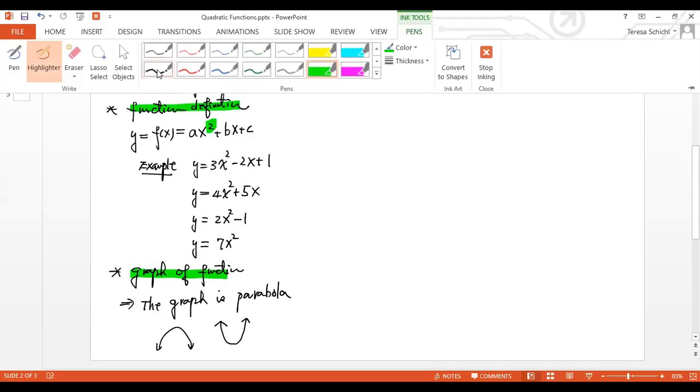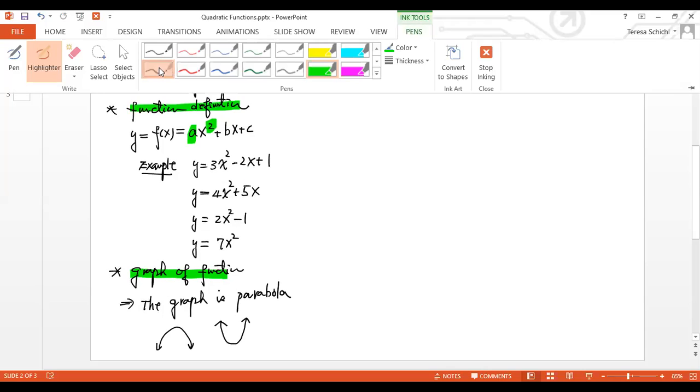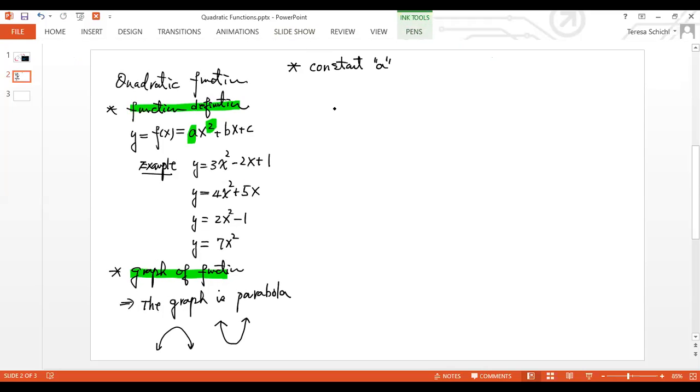Okay, so the next thing here will be a few important constants. The first important constant here is the constant A, the constant in front of the x squared. This constant A plays a very important role, and A can have different values.